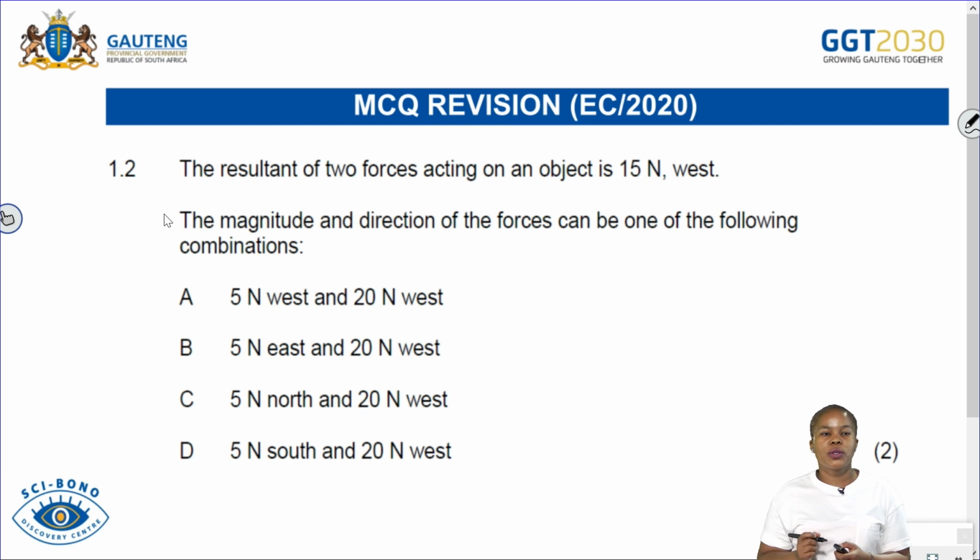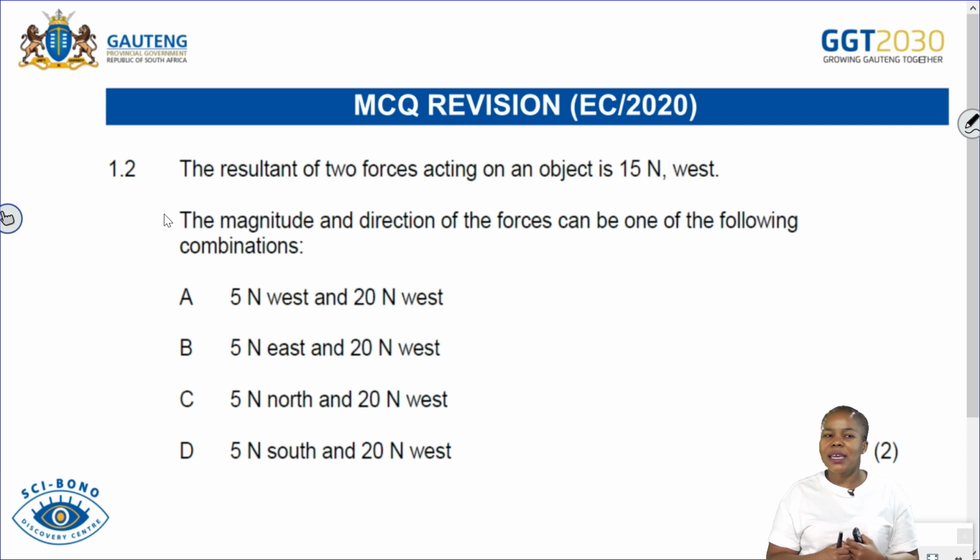Number 1.2, still taken from the Eastern Cape 2020. It says the resultant of two forces acting on an object is 15 newtons. So we're given the resultant force, which is the sum of two or more forces that are acting onto an object. The magnitude and direction of the forces can be one of the following combinations. If it's acting west and west, that means 5 plus 20, which will give us 25.